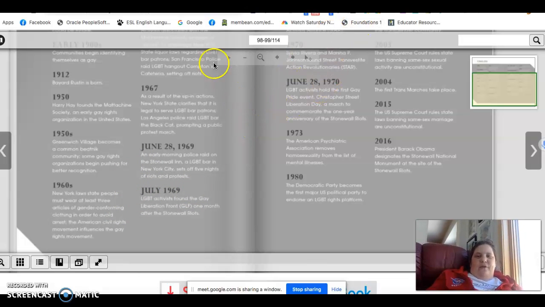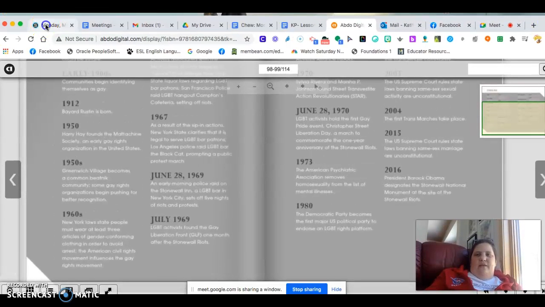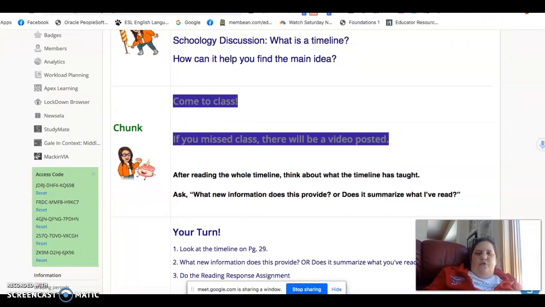All right. So now I look at the two questions. What new information does this provide? Well, it provided a lot of new information because I didn't even know about the Stonewall riots before.